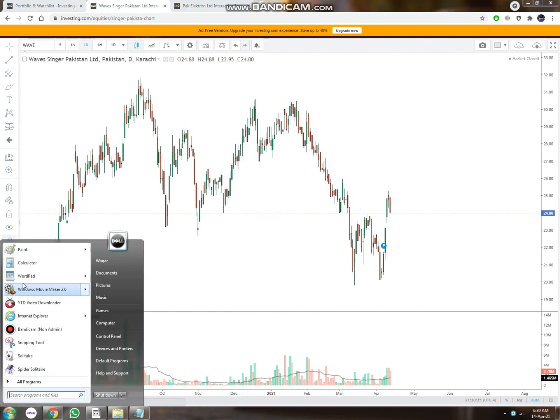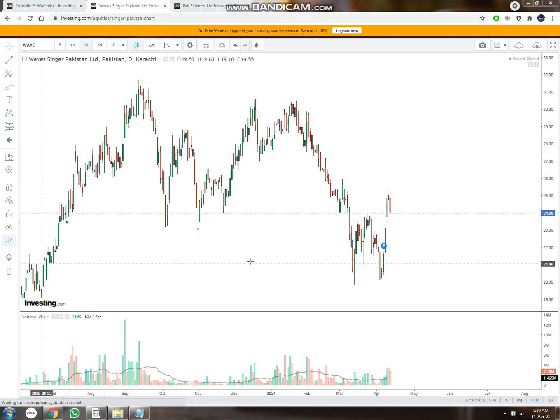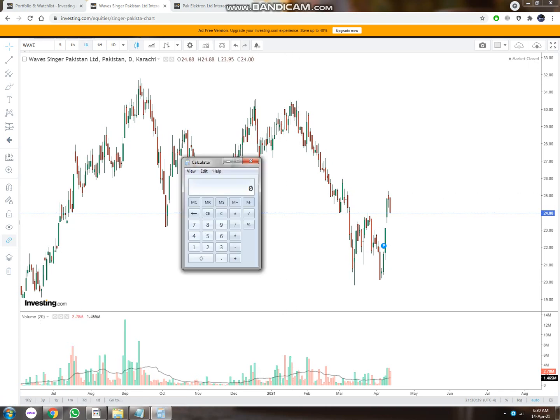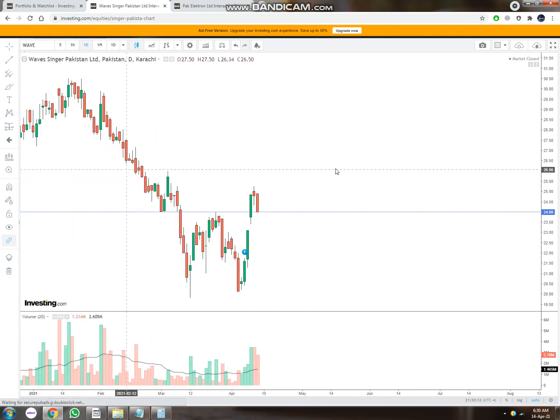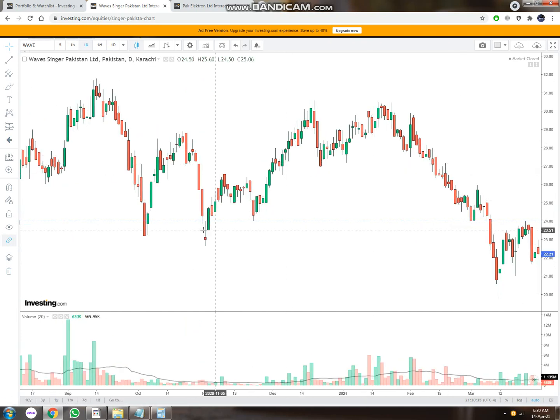Now the other strategy that we can use is this. Let me show you. Let's say you have bought the stock right here. What is the closing price? Let's say you bought it at 23.5.